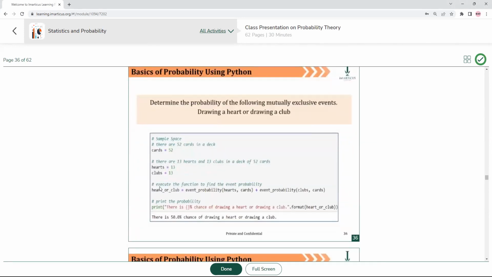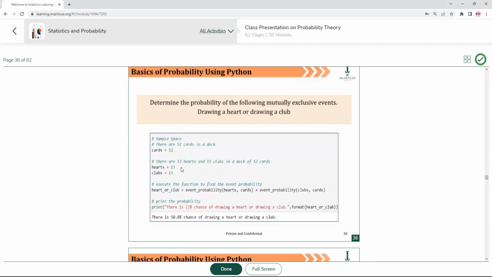यहाँ पे what you are doing is it is a mutually exclusive event of a heart or drawing a club. So heart and club cannot come together. Either a heart will come or a club will come. So since they are mutually exclusive and we are looking at drawing a heart or a club, hence we'll do the sum of the probabilities.